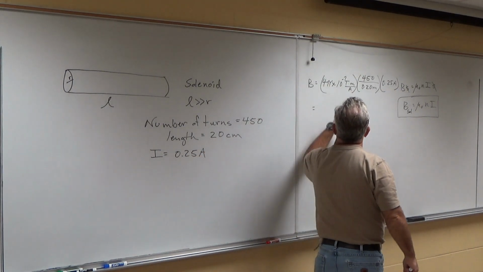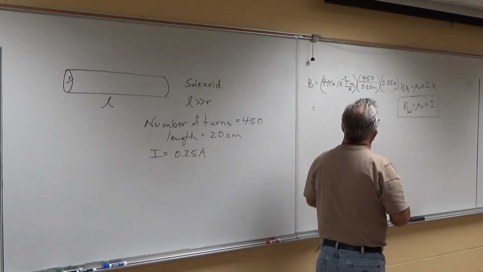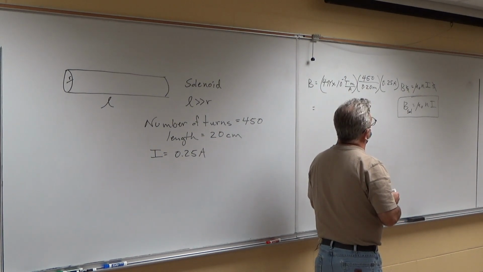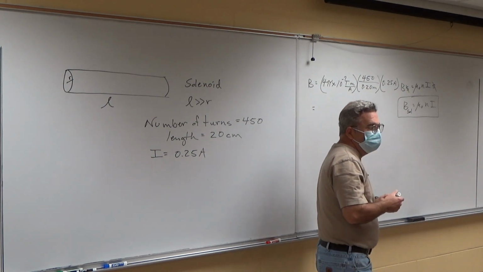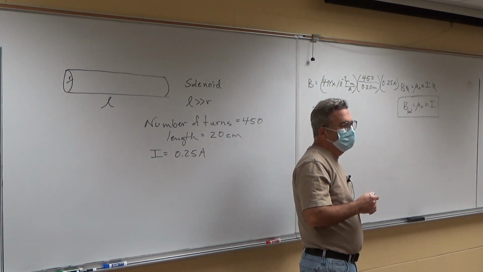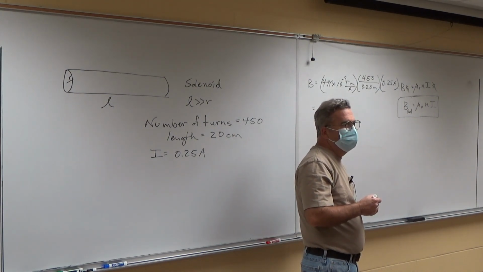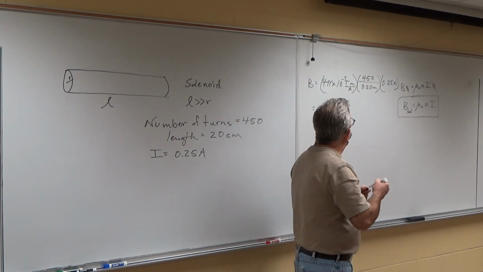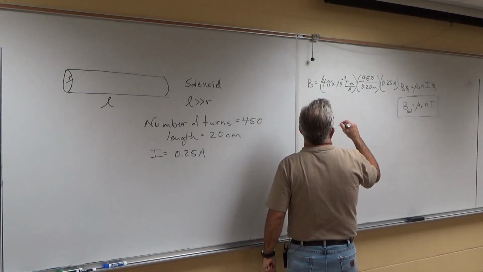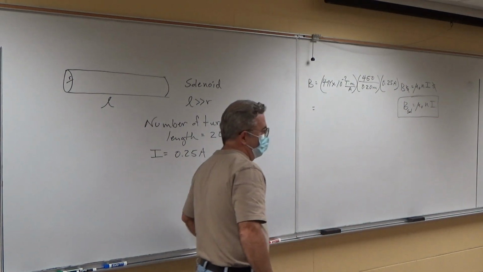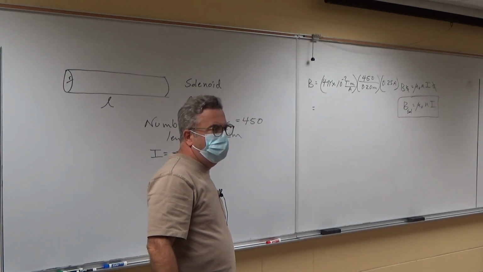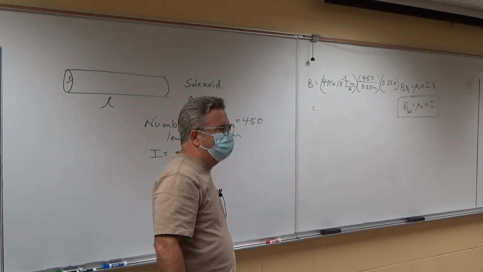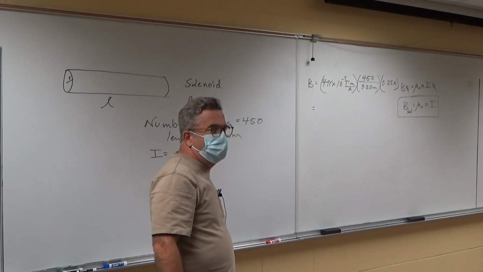0.25. I got 0.3000706. What'd you get? That sounds big to me. Well, no, that sounds really, really small. I got a really small number, 0.007.